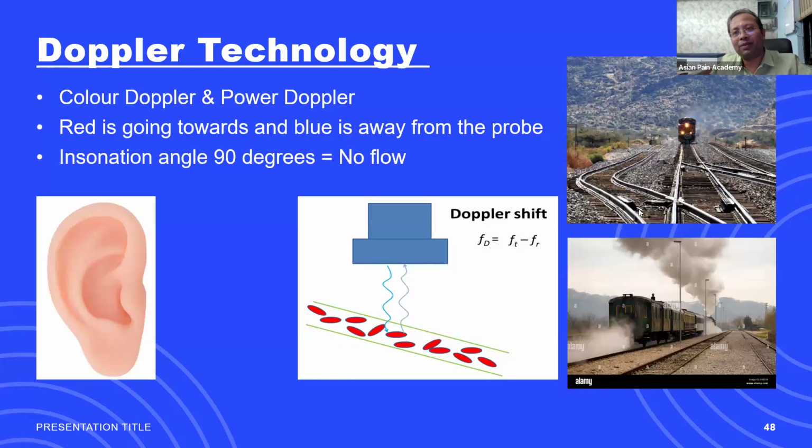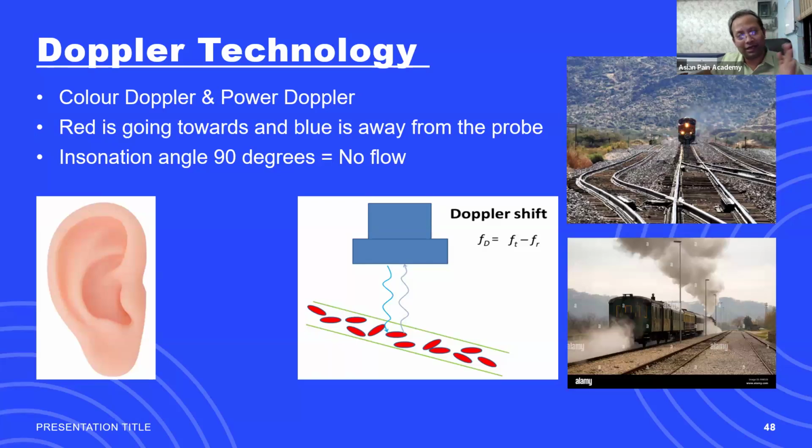When you are standing on the platform, the sound wave coming towards you becomes gradually sharper, and when it is going away, it goes down. Sound also decreases. So here also, think that this is an ear, and the intensity of the returning sound wave decreases if the sound wave reflected from the RBC is moving away.